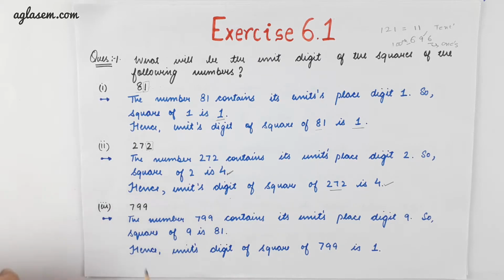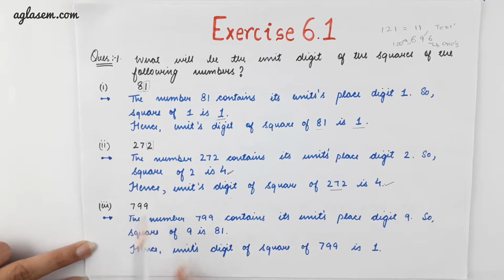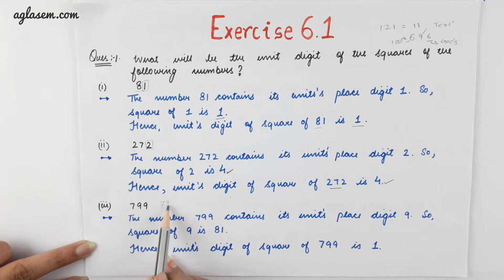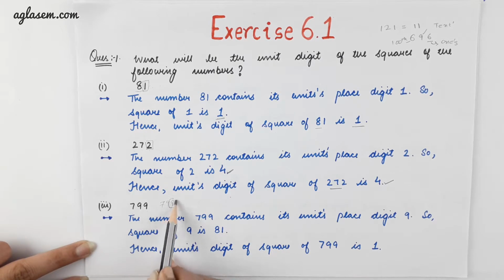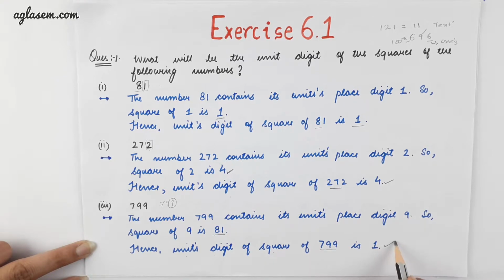Coming to the third part, which is 799. Instead of squaring the whole number 799, we will just take the unit digit, which is 9, and the square of 9 is 81. Therefore, the unit digit of the square of 799 is 1.